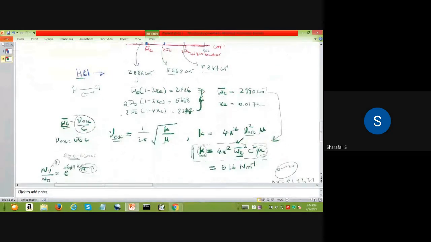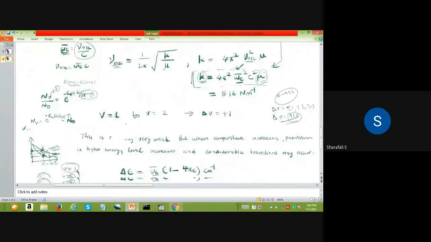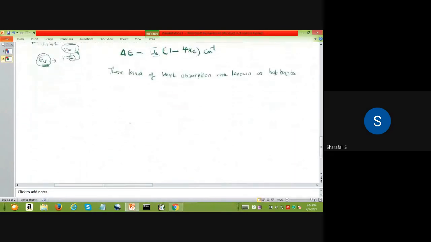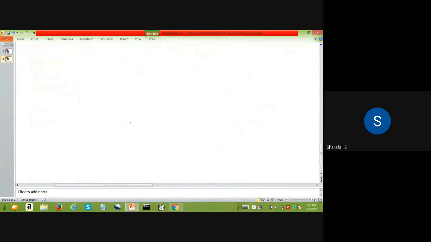Now, if you consider the case of a diatomic molecule, what we have discussed so far is pure vibrational spectra, but that is not the case. The diatomic molecule will always have vibration as well as rotation.